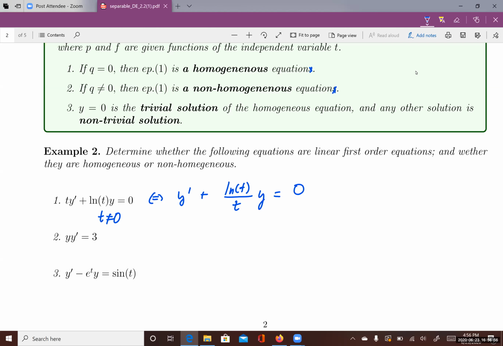If you look at this equation here, it is a linear first-order differential equation. This is p of t in the definition, and 0 is q of t. In this case, q of t equals 0, which means this equation is a homogeneous equation.